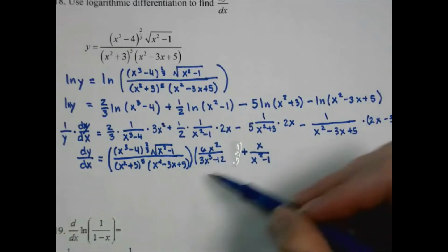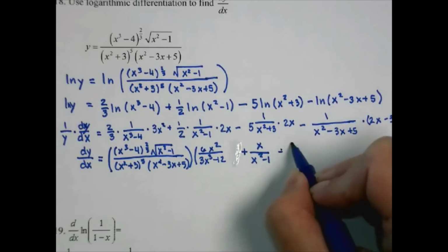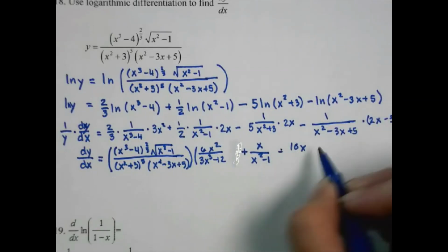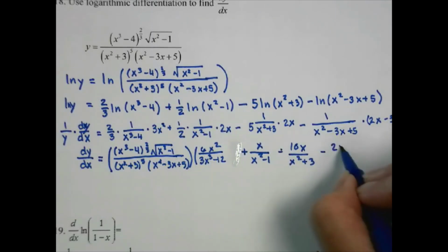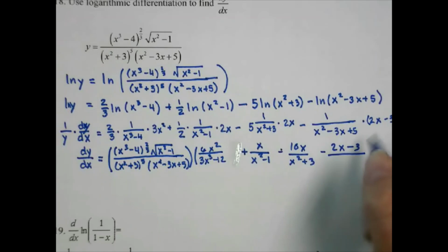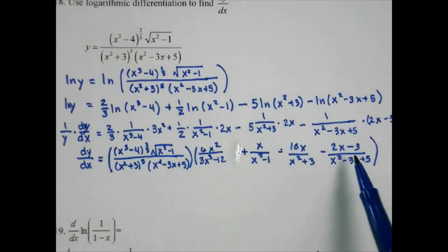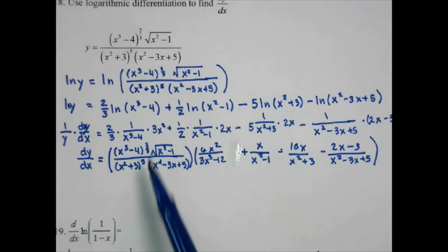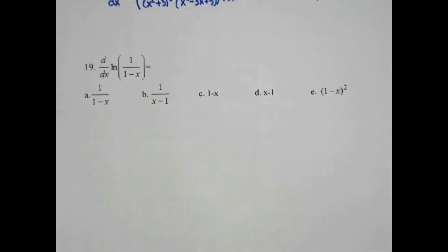Yeah, I didn't mean to put a parentheses there. So this plus this. Here, I'm going to have minus 10x over x squared plus 3 minus 2x minus 3 over x squared minus 3x plus 5, close parentheses. So that's the derivative of all of that times y to get rid of that.